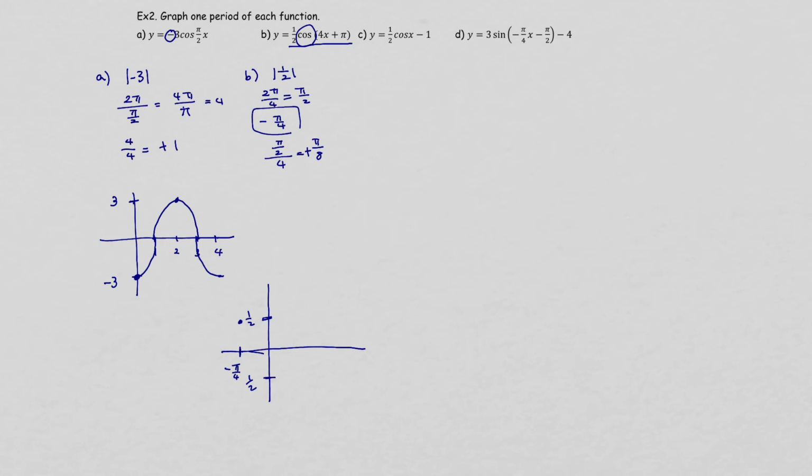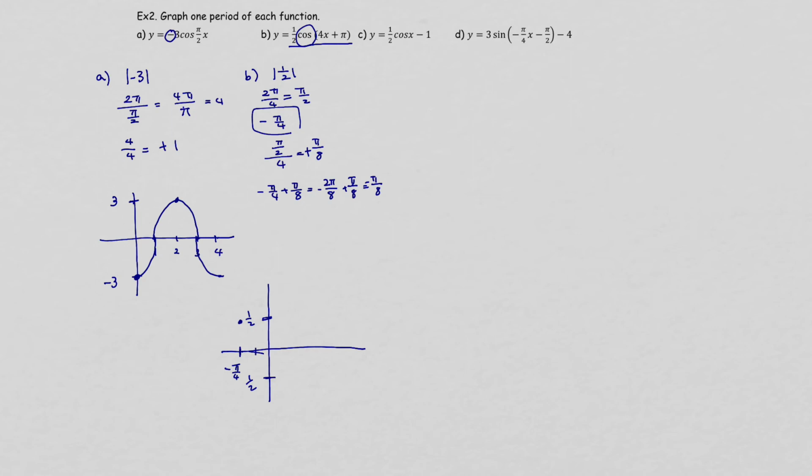And the second point, you're going to add pi over 8. So starting from negative pi over 4, you're adding pi over 8. Have to have the same denominator, so it will be negative 2 pi over 8 plus pi over 8. That gives you negative pi over 8, right?